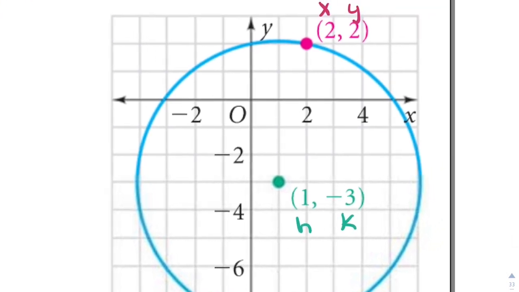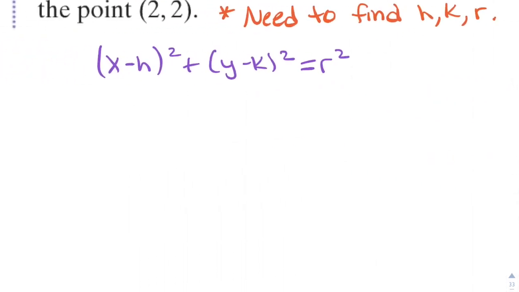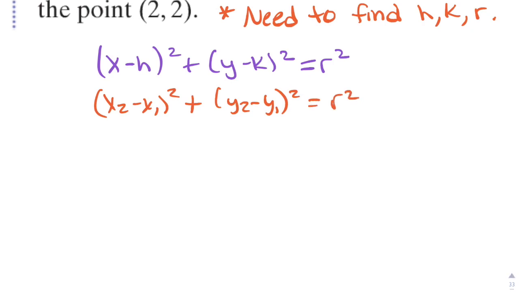That's not bad. I can find r, the radius, by doing the distance formula or by doing the Pythagorean theorem. So I can either use this equation, which is no different than x2 minus x1 squared plus y2 minus y1 squared equals r squared.